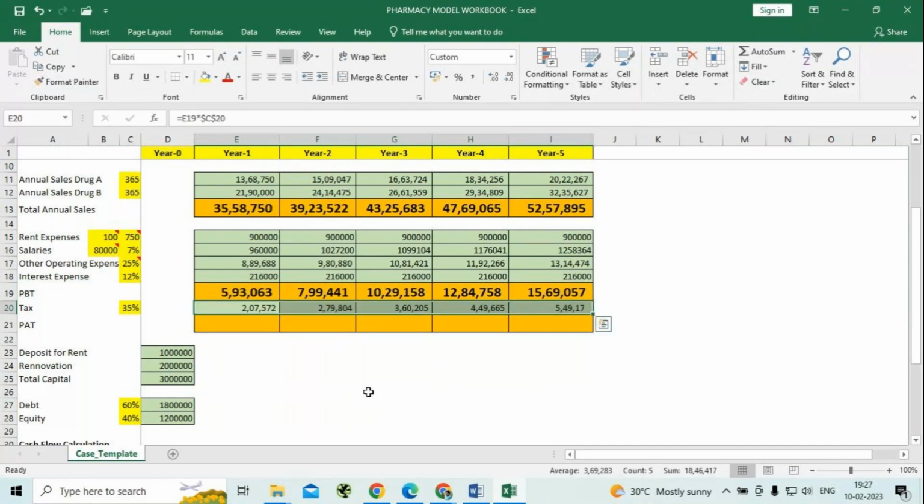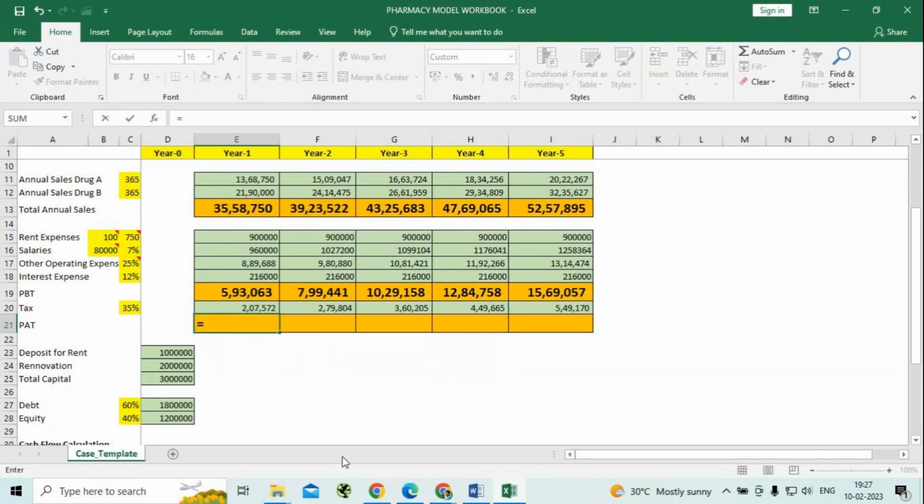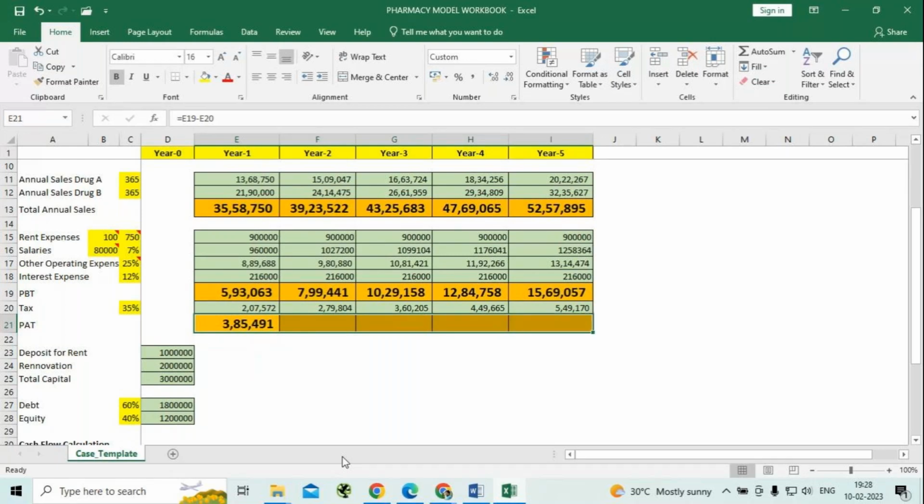The same thing is applied for all the other years. Finally, the profit before tax minus the tax will give you the profit after tax, the net income.